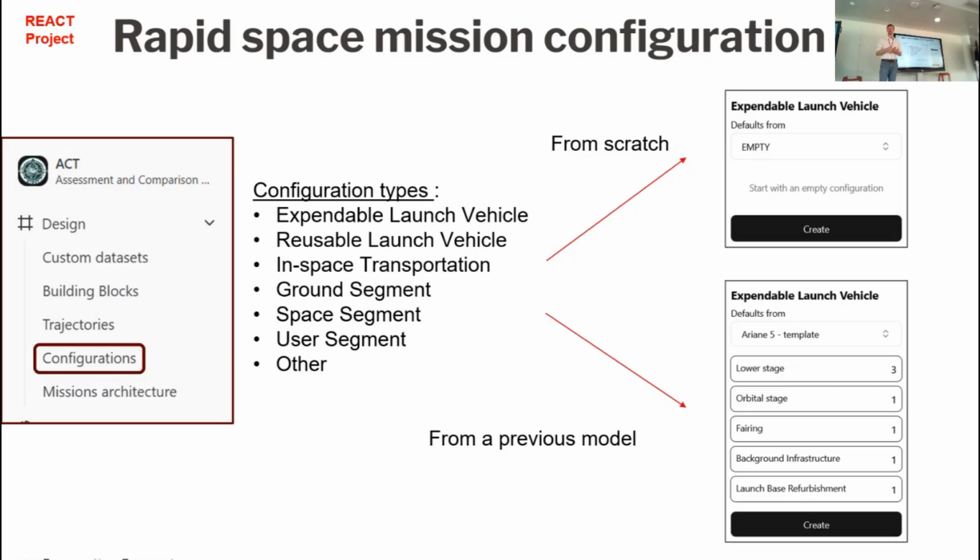We have the model templates for different types of systems, reusable and expandable launch vehicles, but also different segments, as I said. And you can start from scratch, so building from zero and defining all the inventory, or you can use one of those templates that is provided with the tool to learn and also modify from them, to maybe go quicker and get your simplified LCA results quicker.